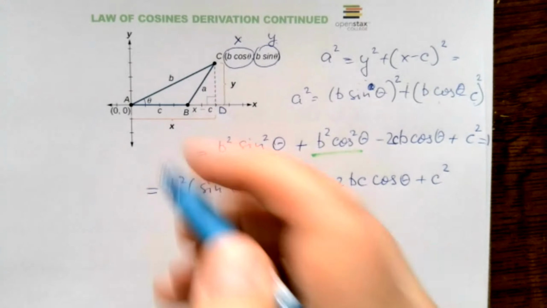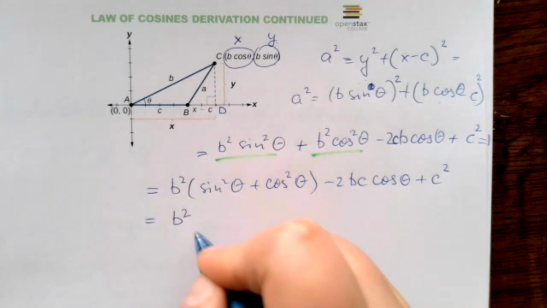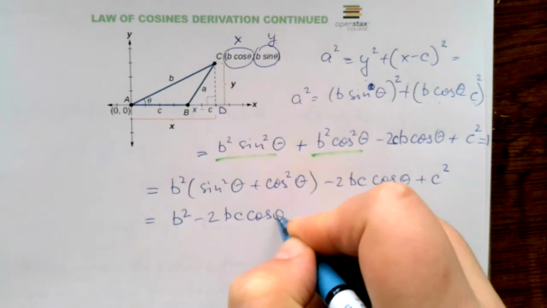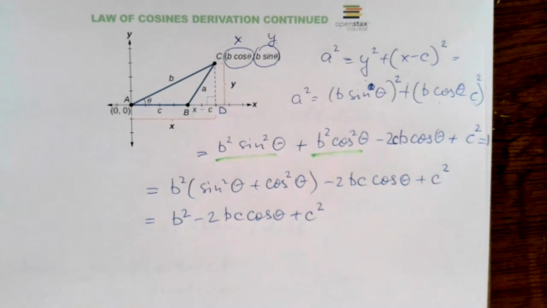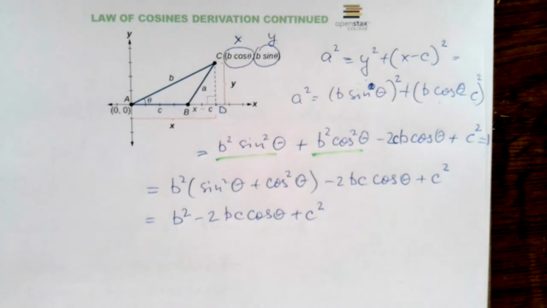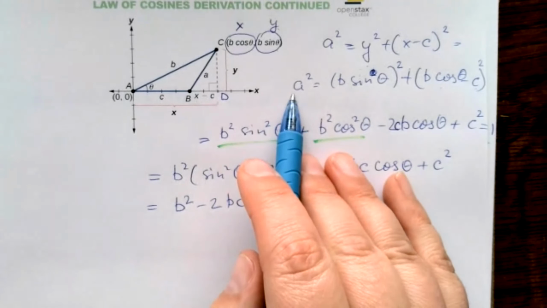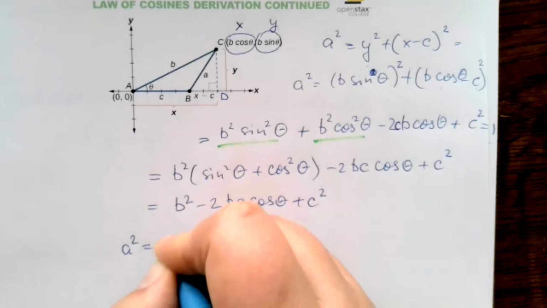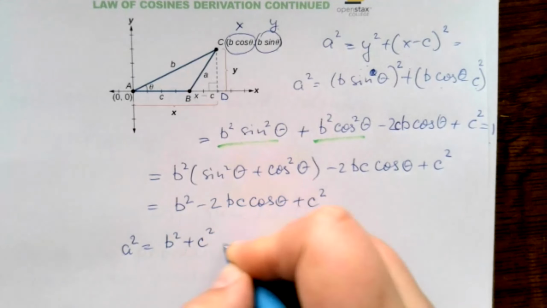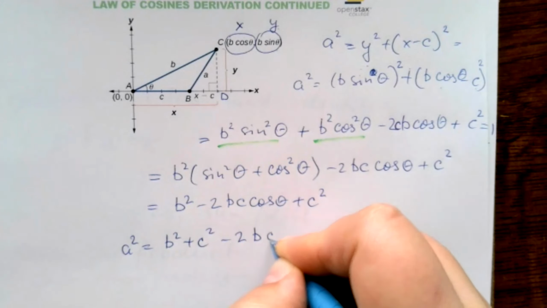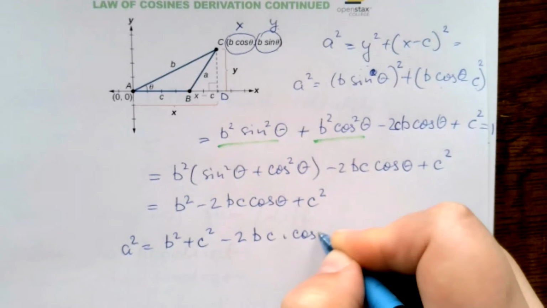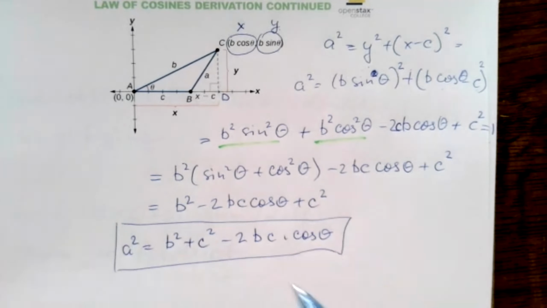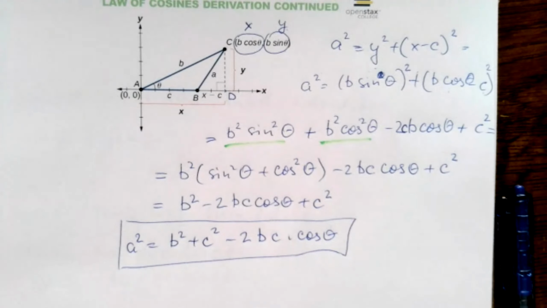So we have b squared minus 2bc cosine theta plus c squared, and that's our law of cosines. I'm going to copy it with the a squared on the left side and move the c squared over. So a squared equals b squared plus c squared minus 2bc times cosine theta. And this is our law of cosines.